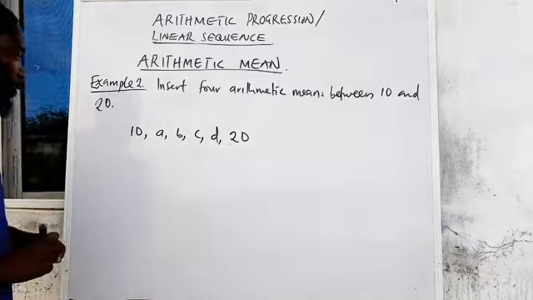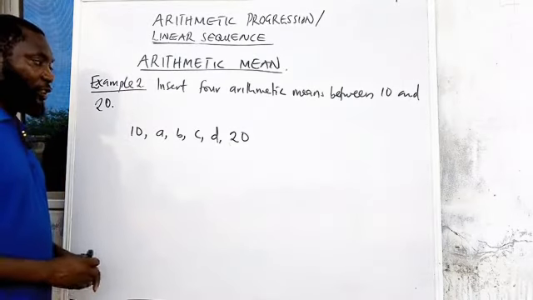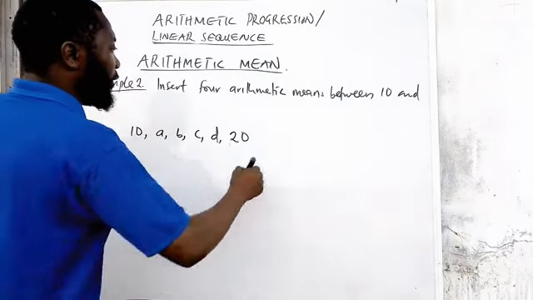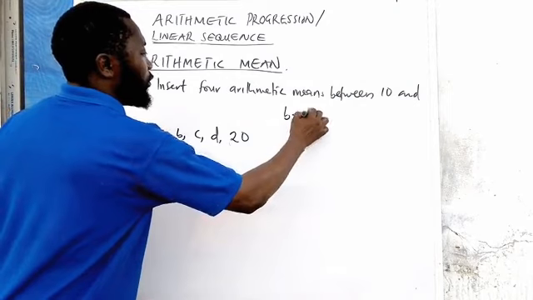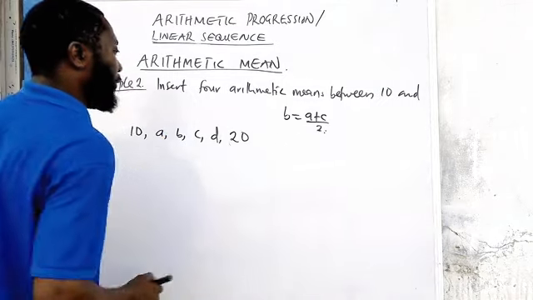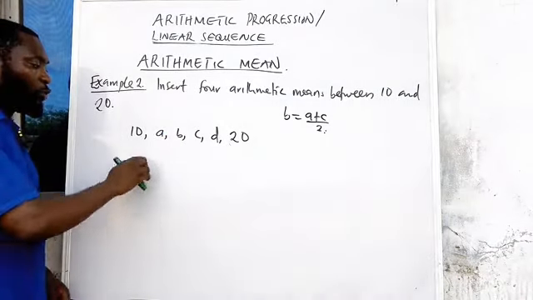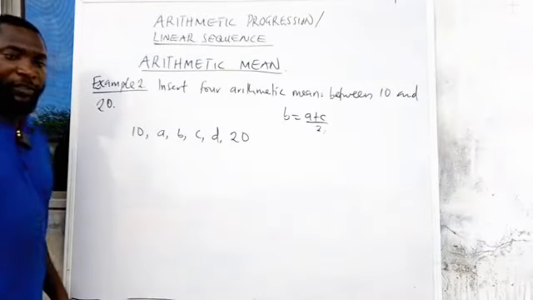Now, what's the next thing to do? We find the values of A, B, C, D. Don't forget the formula for arithmetic mean: B equals (A plus C) divided by 2. But we have several unknowns here.